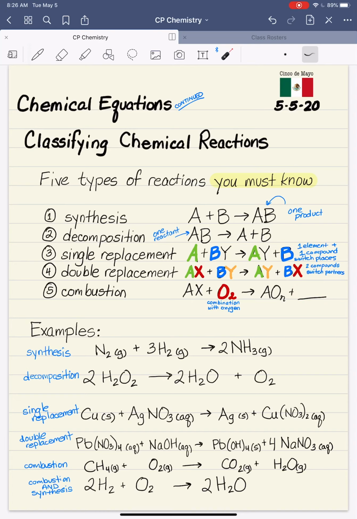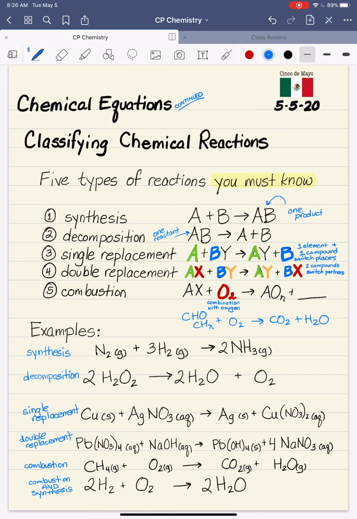And the side product can be familiar to us. For example, if we burn a hydrocarbon or a carbohydrate, CHO or CH, plus oxygen, we're going to get carbon dioxide and water as products.